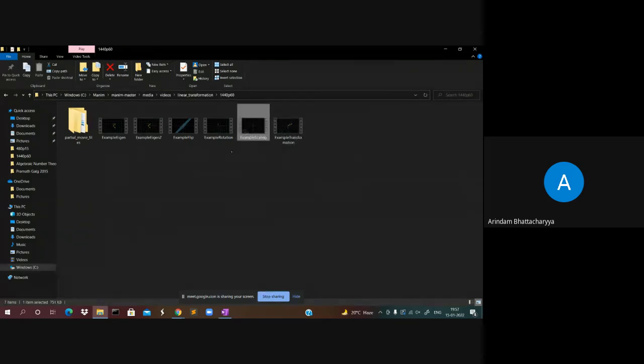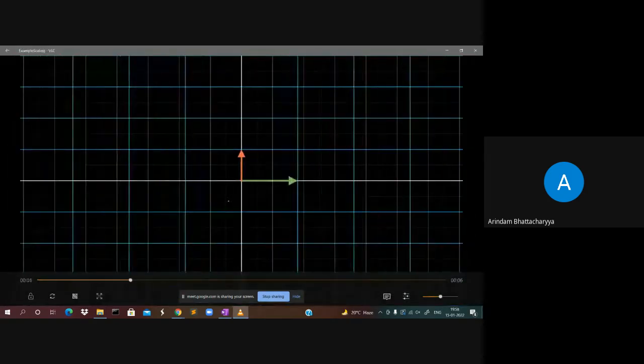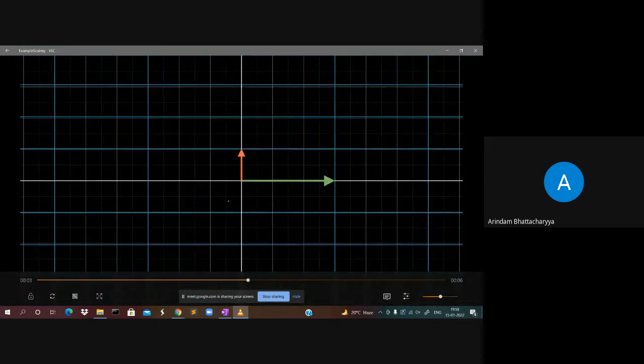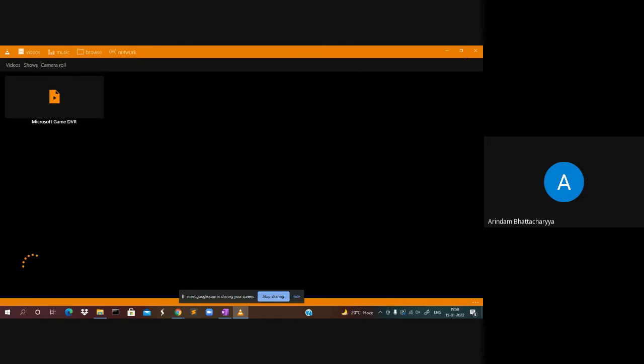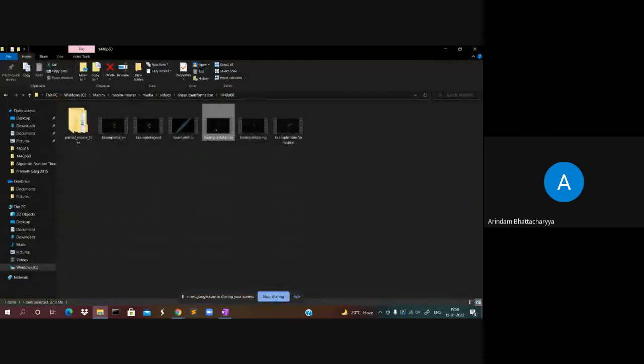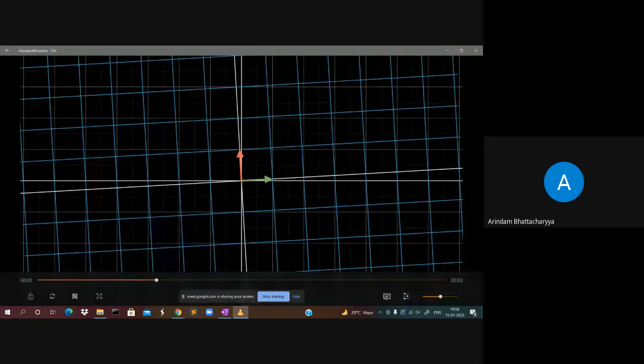A few more examples. Here you scale both of them, and these are just to give you some idea, for people who have not seen what linear maps look like. The pictorial representation. This is a rotation.